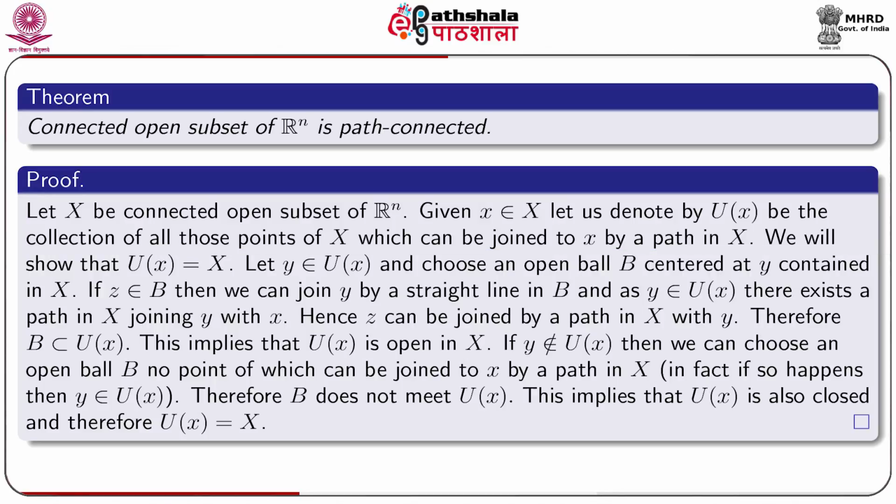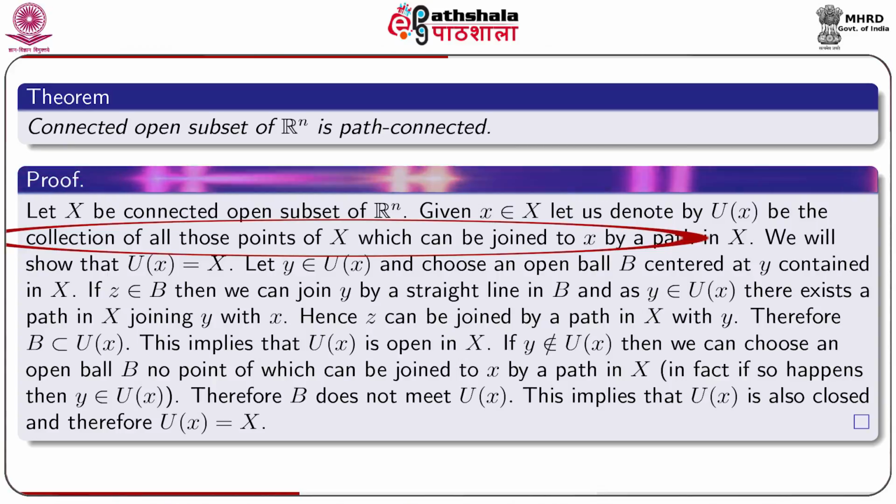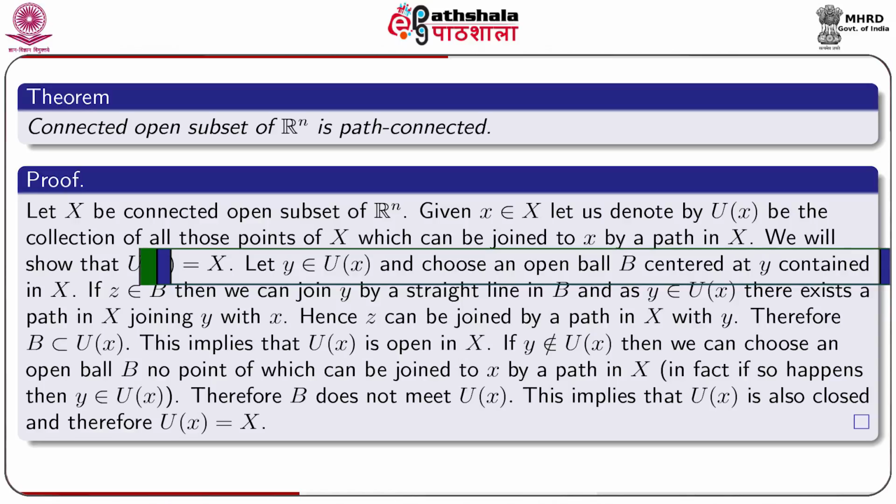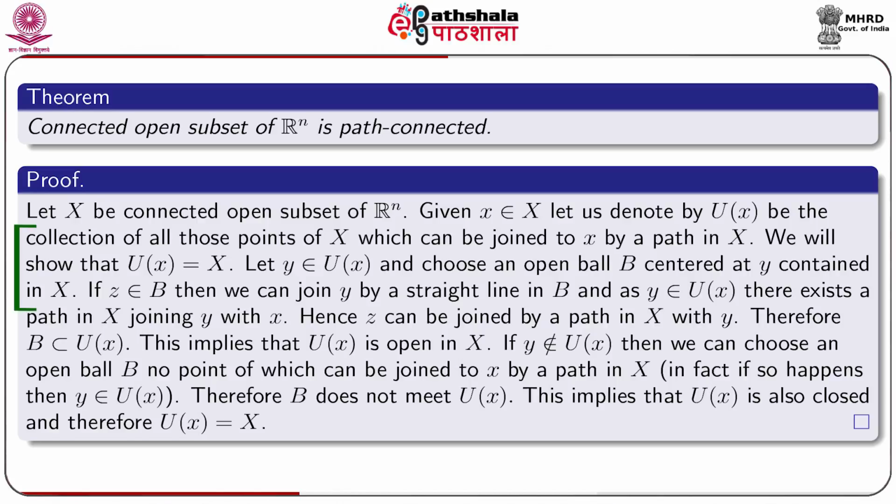Then, given x belonging to X, let Ux be the collection of all those points of X which can be joined to x by a path in X. We want to show that Ux is equal to X. Since X is a connected open subset of Rn, to prove that Ux is X, it is sufficient to show that Ux is closed as well as open.